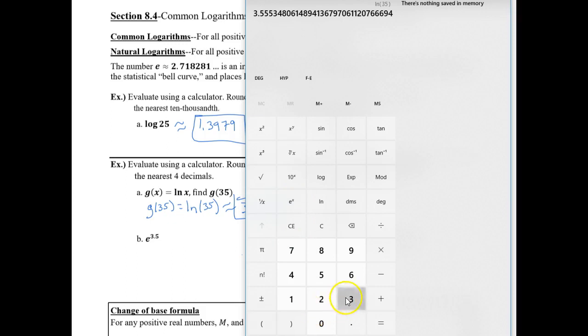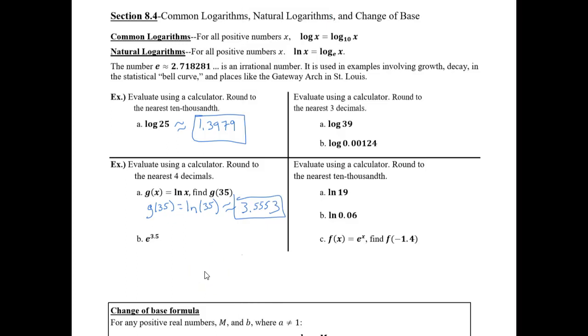So I'm going to hit 3.5 and then my e button, and I can see that it's taking e to that power. And I'm going to round it to 4 decimal places. So 1, 2, 3, 4. Look to the right, that's a 5. So that means I have to round this 4 up to 5. So 33.1155. Go ahead and do these on the right. It's mostly just making sure you know where these buttons are on your calculator.